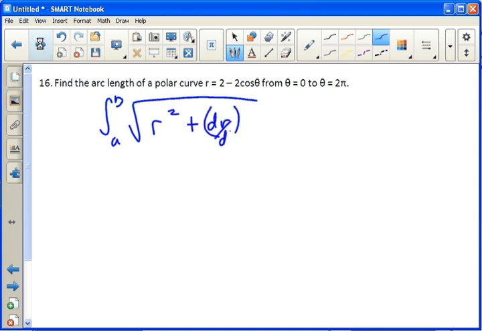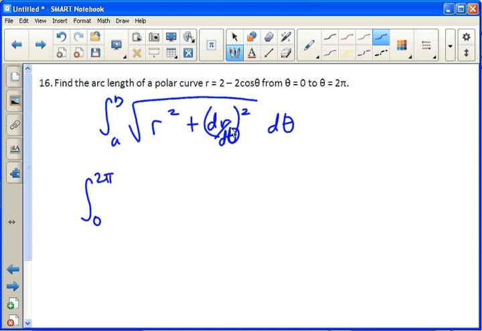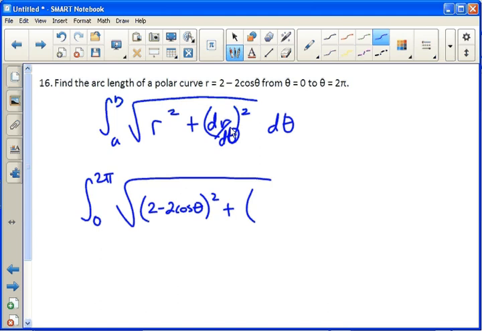We do the integral of the square root of r squared plus dr over d theta squared. So our boundaries are from 0 to 2 pi. I'm going to do the square root of 2 minus 2 cosine theta squared plus the derivative of that would be, derivative of 2 is 0, derivative of cosine is negative sine, so it turns into positive 2 sine theta squared d theta.